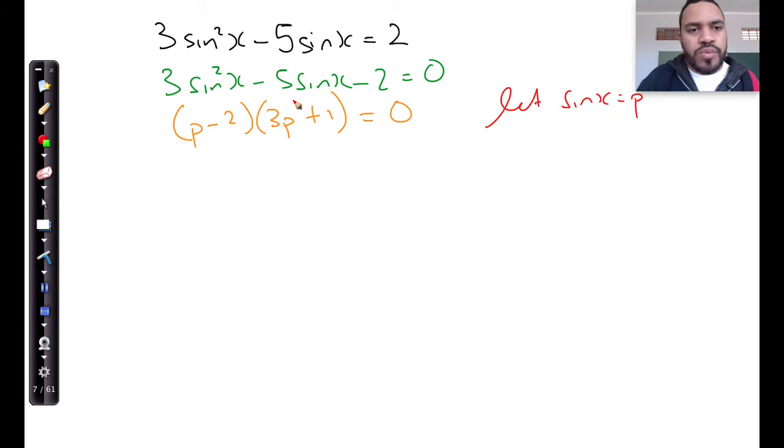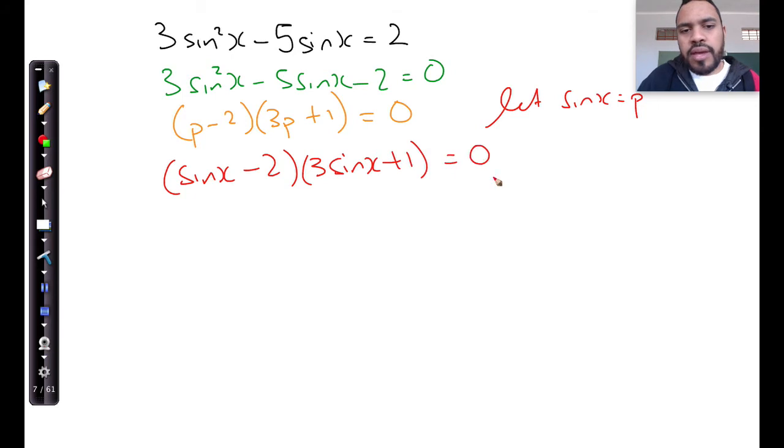Okay, so what does p actually represent? Well, this is actually going to be, in a bracket, sine x minus 2 and 3 sine x plus 1 equals 0. Now, you know that this represents, using the zero product property, this is the first factor a and this is the factor b.